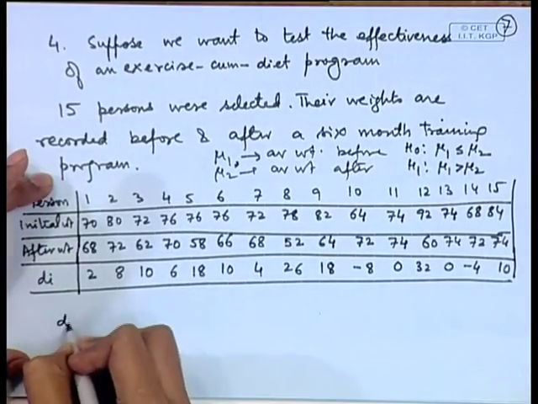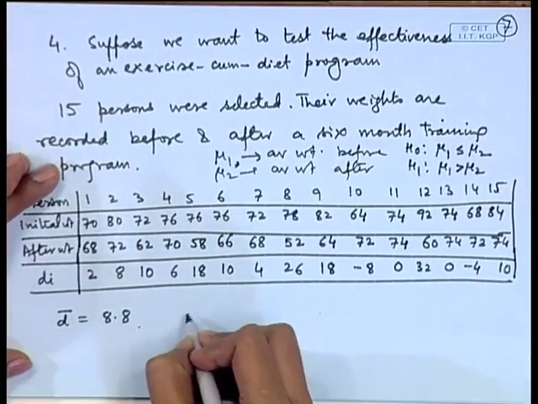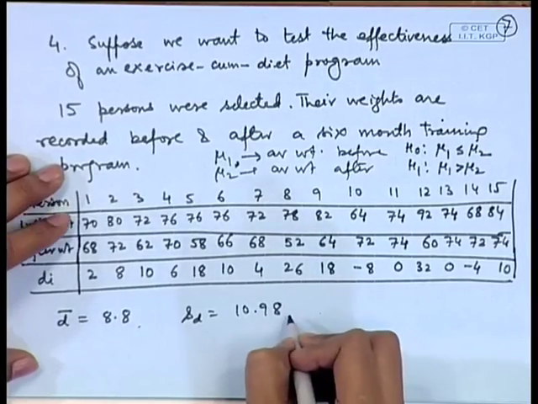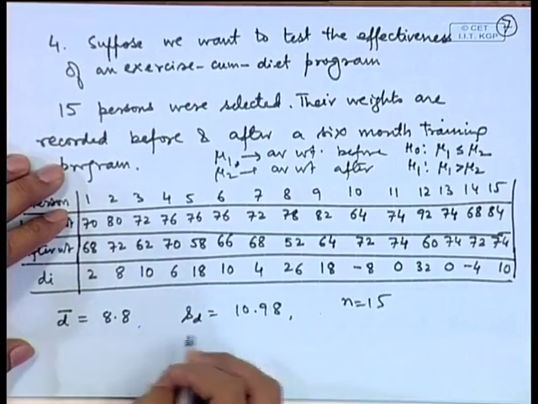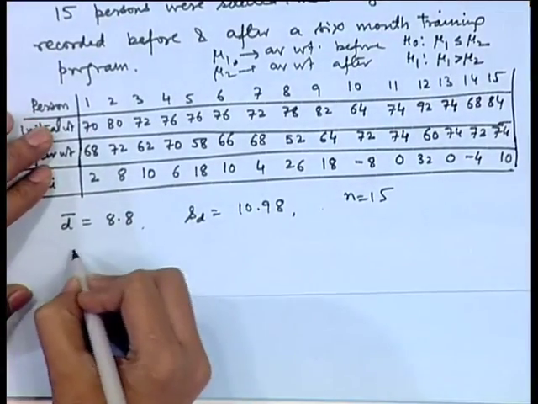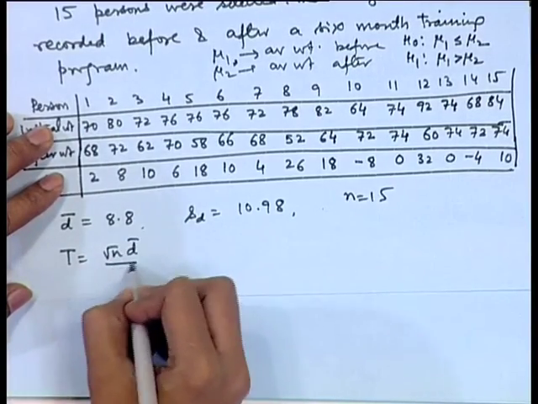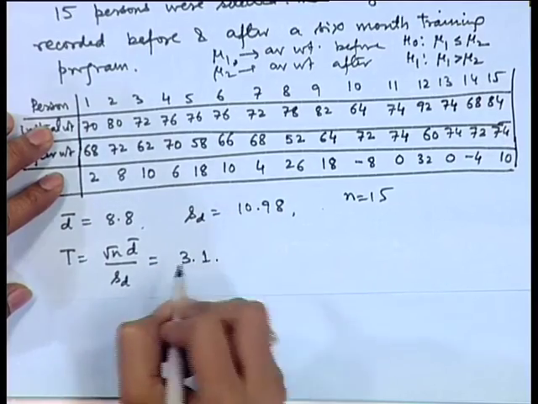Let us calculate d bar, that is 8.8, S d is equal to 10.98. Here n is equal to 15. So, the value of the t statistic here is root n d bar by S d, that turns out to be 3.1.